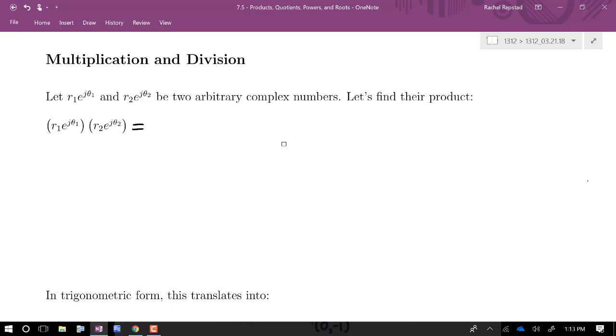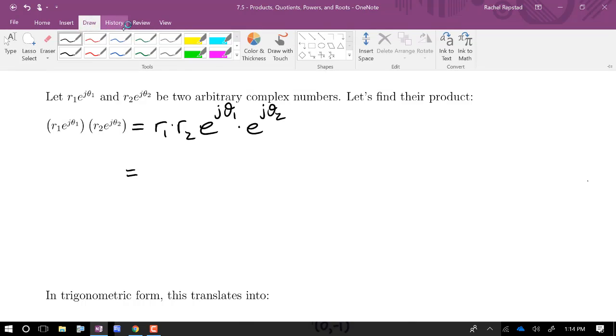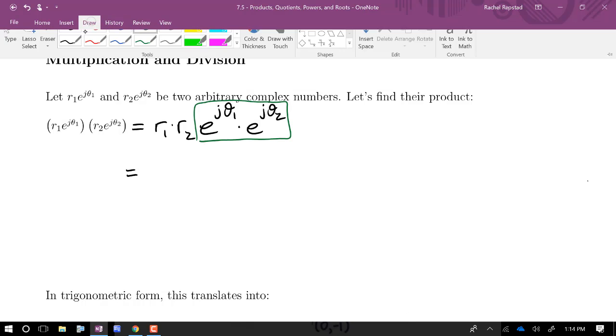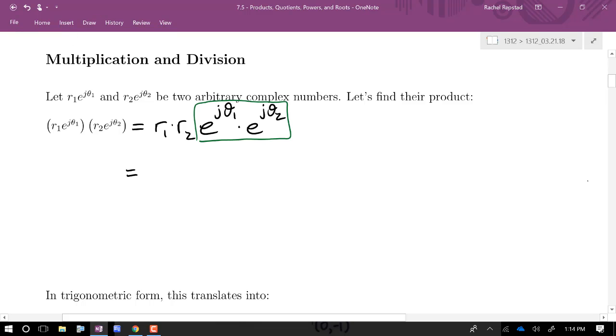We can multiply in any order we like, so we can jumble up the order: R1, R2, e to the j theta 1 times e to the j theta 2. Then we can multiply these using our rules of exponents, because it's the same base.